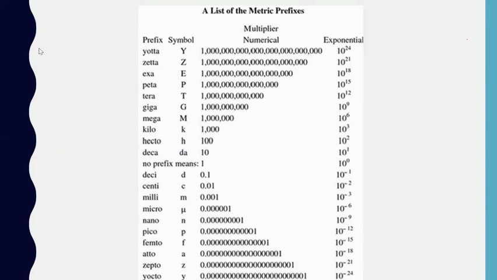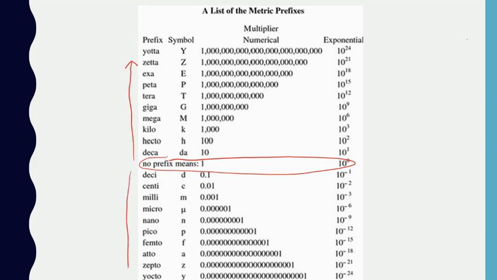So if we look at this chart, we can see all the prefixes in our metric system. These will tell us the size of our measurement. We can see as we move up from our base, which is at no prefix, the size of our measurement gets larger and larger. Whereas when we move down, the size of our measurement is getting smaller. So these are a lot.